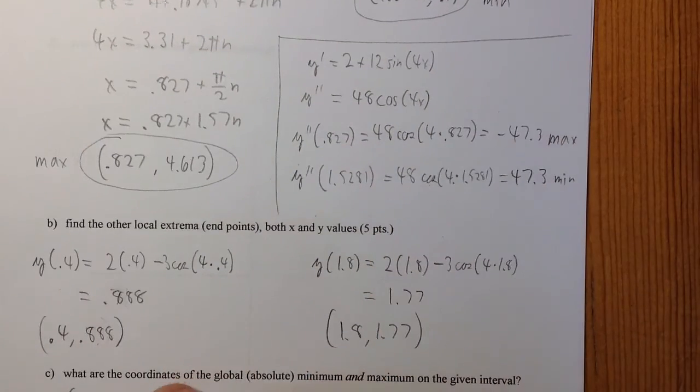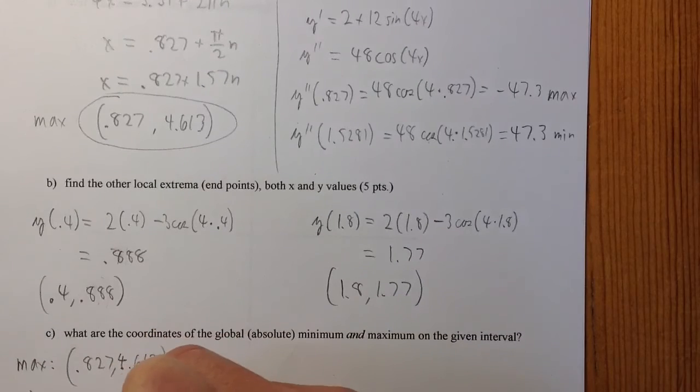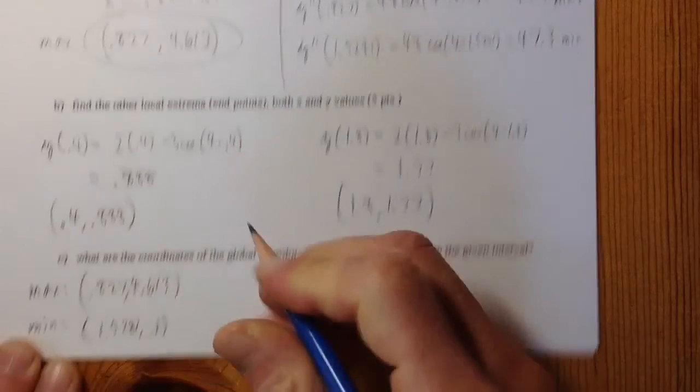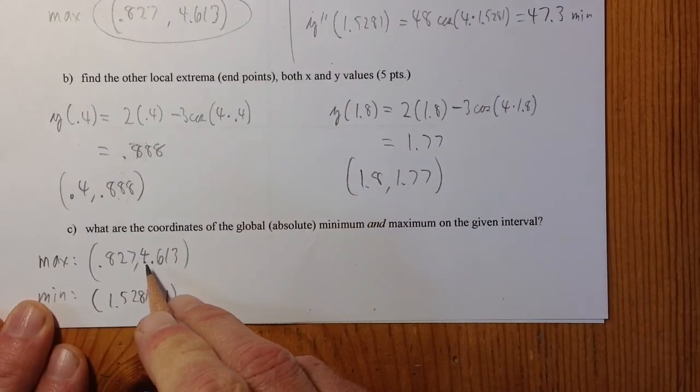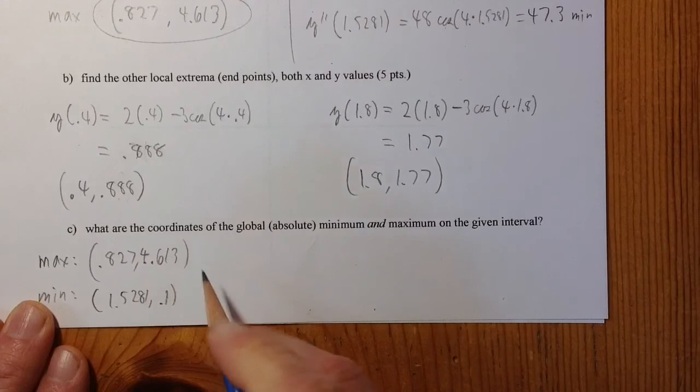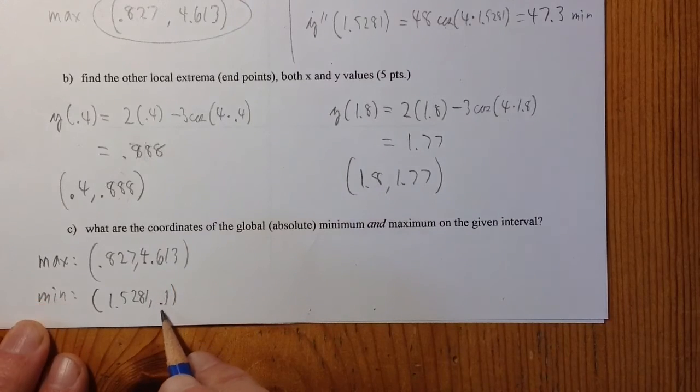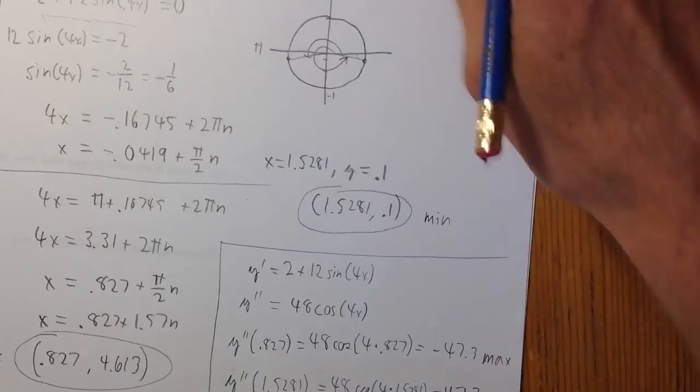So that's going to be at 1.5281 and 0.1. So when we graph this, we've got to go as high as a little over 4 on the y-axis, about 5, because it's almost 4.5. And we don't even have to go below 0. I always just gave you axes, so we don't even need it, because our y value never gets below 0. The smallest it's going to be is 0.1.